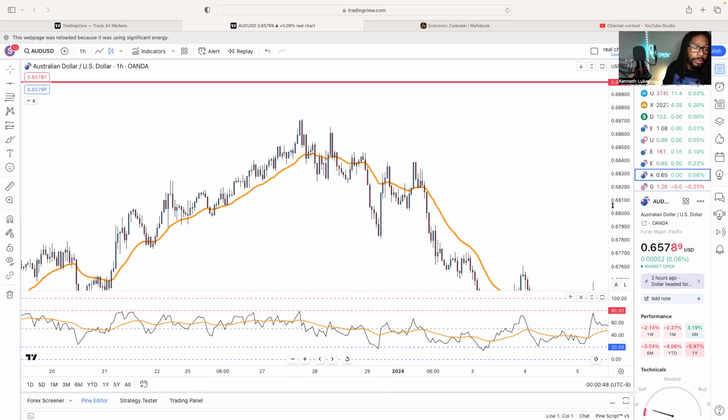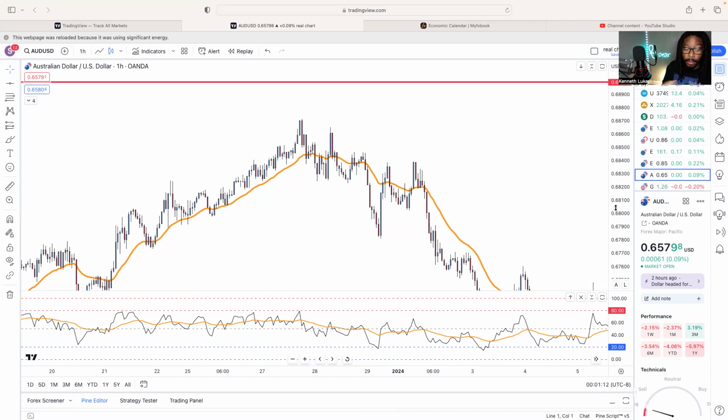The top ones I want to go over are double tops and double bottoms, head and shoulders, wedge chart patterns, and rectangle chart patterns, which are almost like consolidation. And then bearish and bullish pennants.